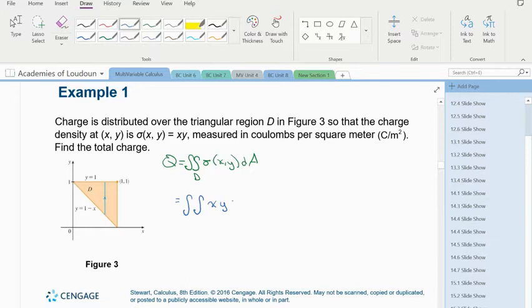In this case, I'm going to integrate with respect to y first, and then x, and I'm choosing that because my functions are in y. So I'm going to integrate from 1 minus x to 1, and my x values are going to be from 0 to 1. From there, going through the integration, we're going to end up with 5 over 24 coulombs, and that would be the total charge.